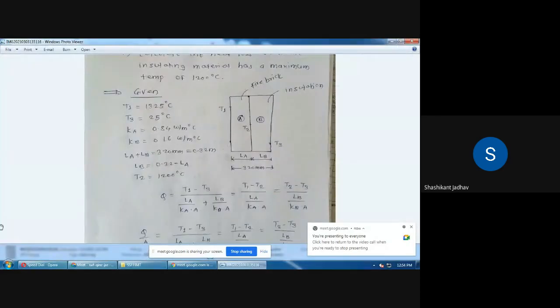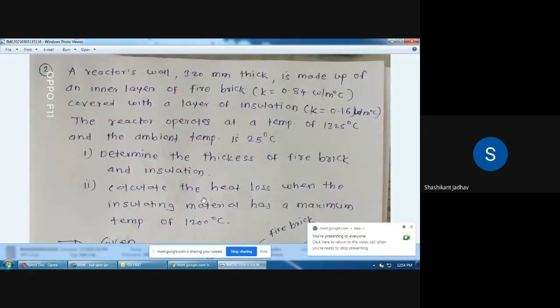This is the second problem related to the composite wall. In the last lecture we solved one simple problem related to the plane wall. Now we have to solve another condition, that is for the composite wall. So all of you write down this problem.